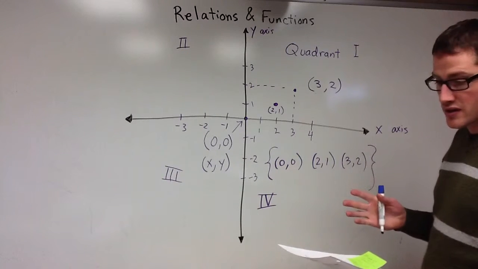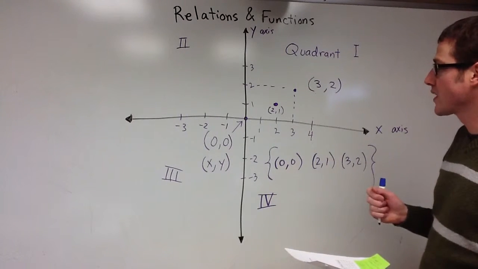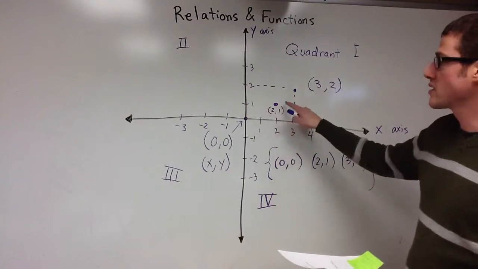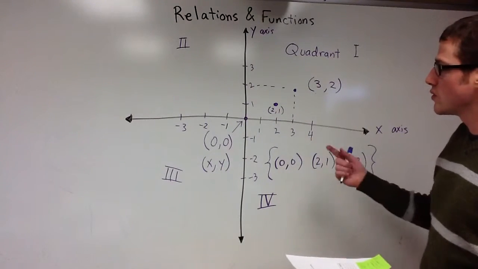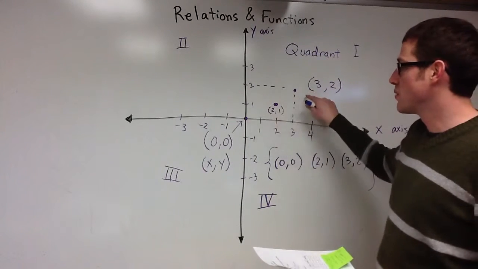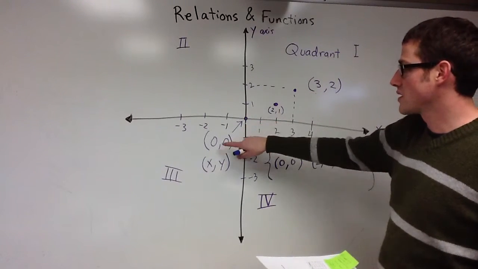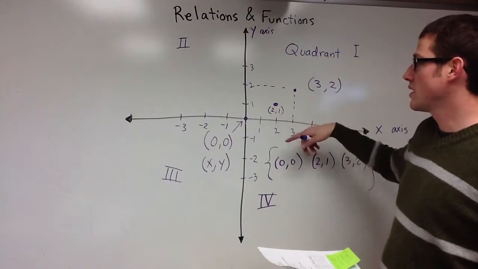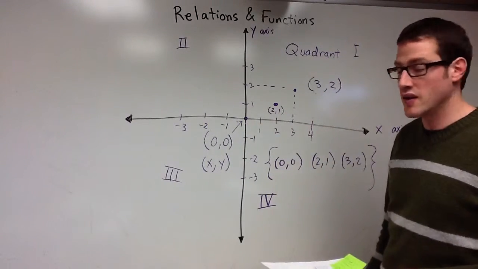And functions. A set of ordered pairs can only be a function if there are no repeating x values. So in this case, we're just looking at 3 points. The x values here are 0, 2, and 3, so there's no repeating x value, so we're fine.